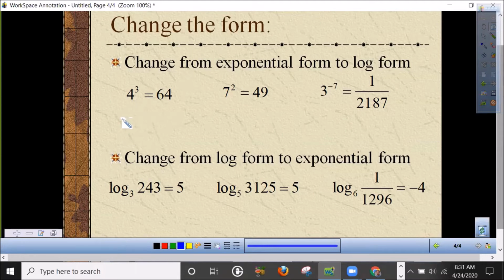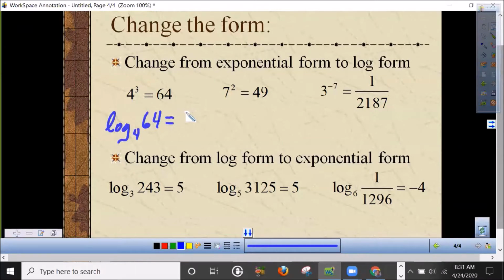Basically, we're trying to identify the base, the power, and the result. When written in a log form, we start out with log base. Well, the base of this expression is 4. Then we put the result, 64. We save the power for the very end. Log base 4 of 64 is equal to 3. It's another way of stating the relationship between these three numbers, the fact that 4 to the third power equals 64.